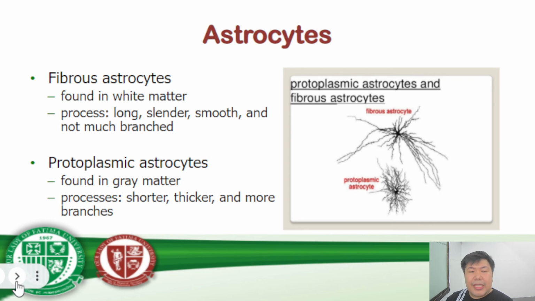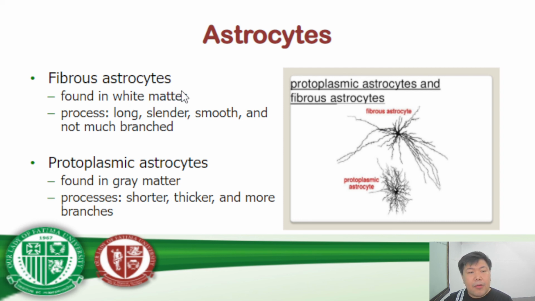So the astrocytes have two classifications: fibrous astrocytes and protoplasmic astrocytes. Ang fibrous astrocytes natin, they have long, slender na mga extensions or processes. So mahaba yung kanyang mga galamay. And usually we find these fibrous astrocytes in the white matter.